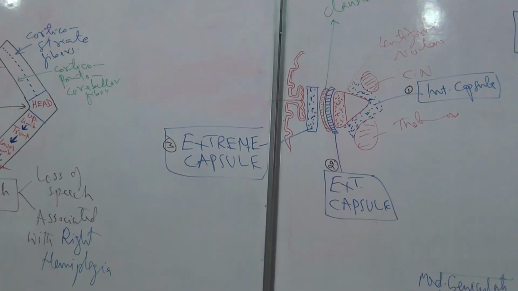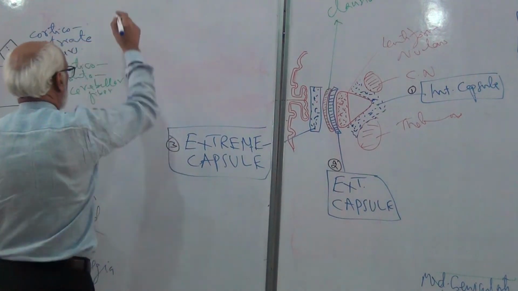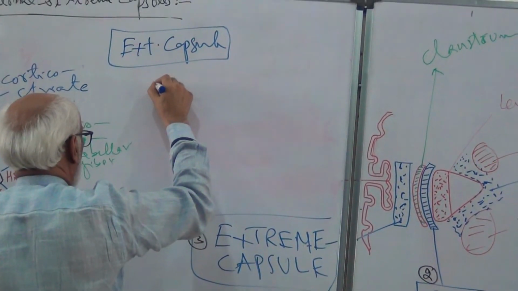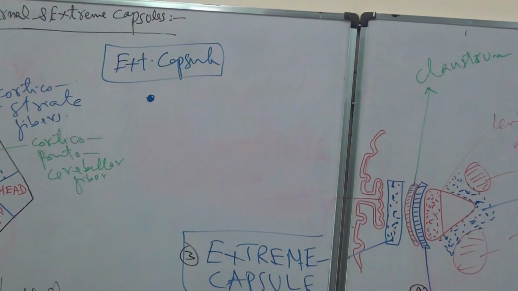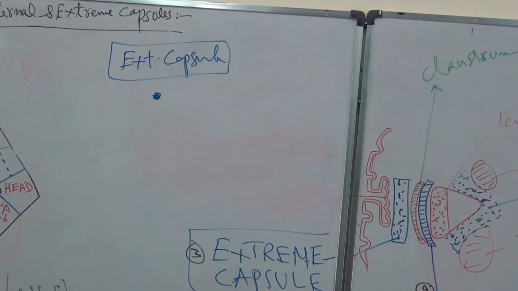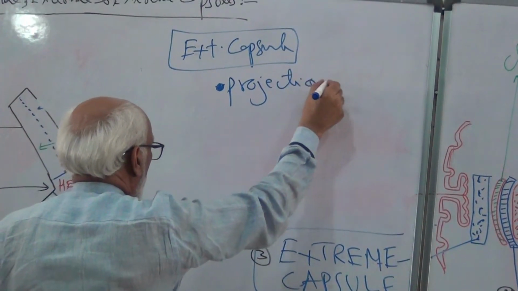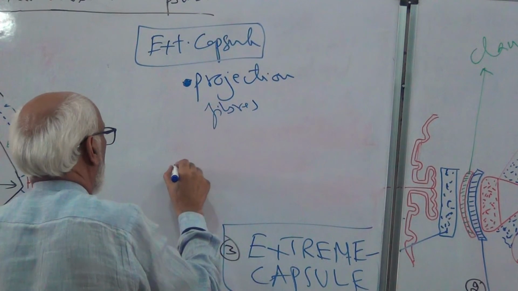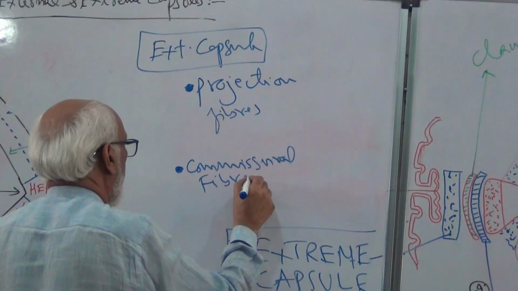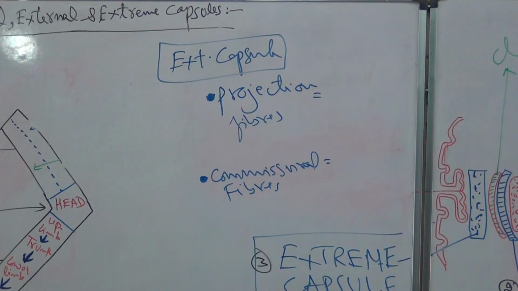Now the external capsule comprises two types of fibers: projection fibers and commissural fibers.